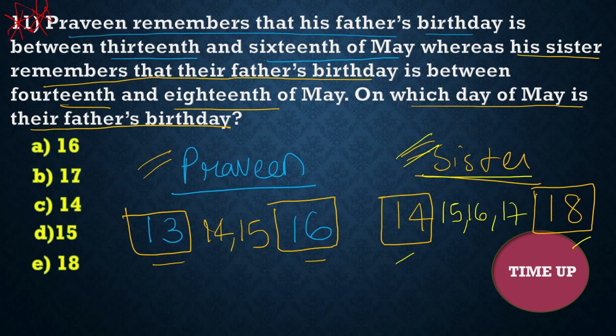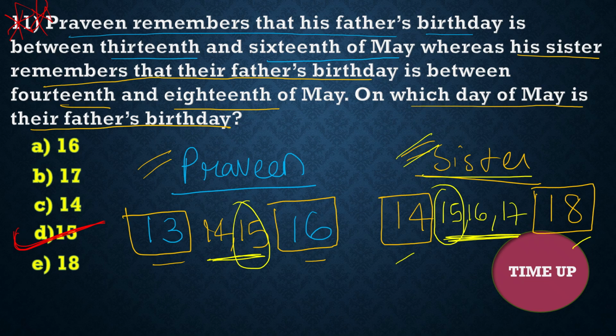Correct? So between these, which number is common? 15 is common. So the correct answer will be 15. So the 15th of May is their father's birthday. So D is the correct option.